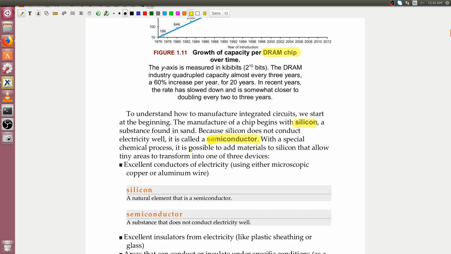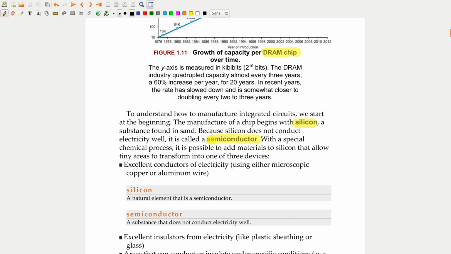So, with special chemical processes, it is possible to add materials to silicon that allow tiny areas to transform into one of three devices. When we talk about adding materials here, we're talking about a process called doping. Yep, that's right.